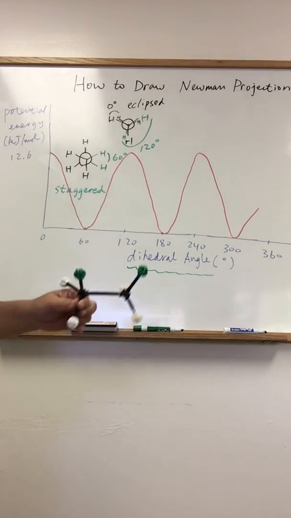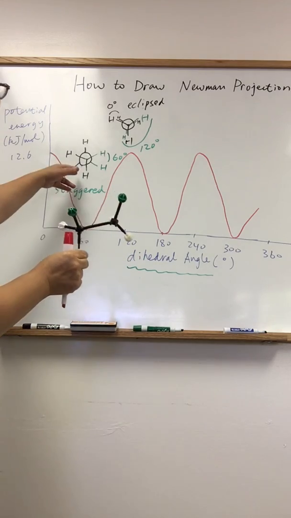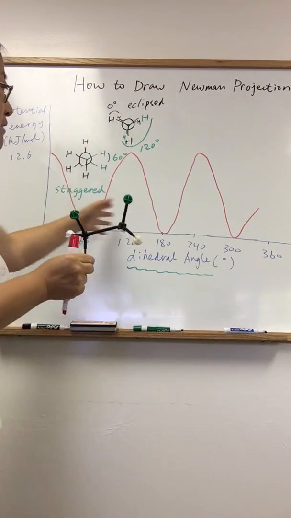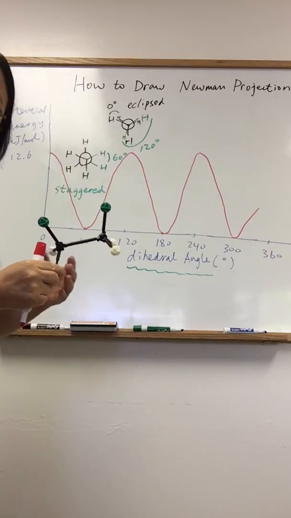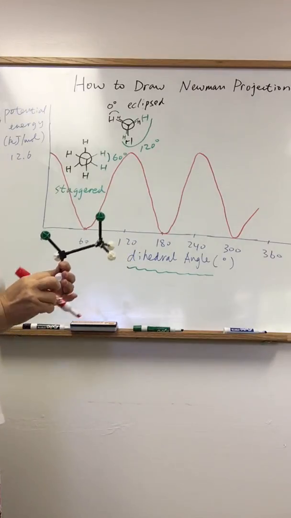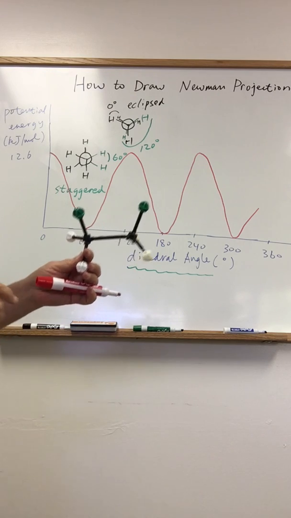This is how we describe the different Newman projections along with the different dihedral angles to understand the potential energy associated to different conformations.